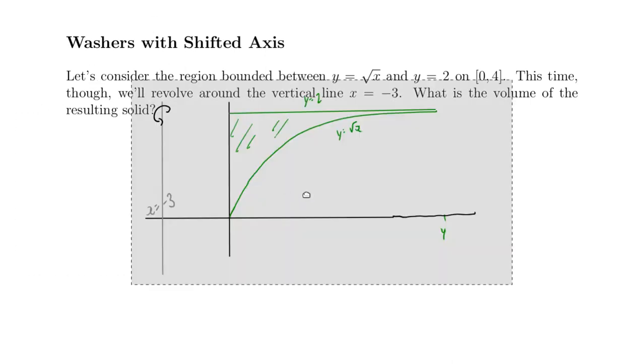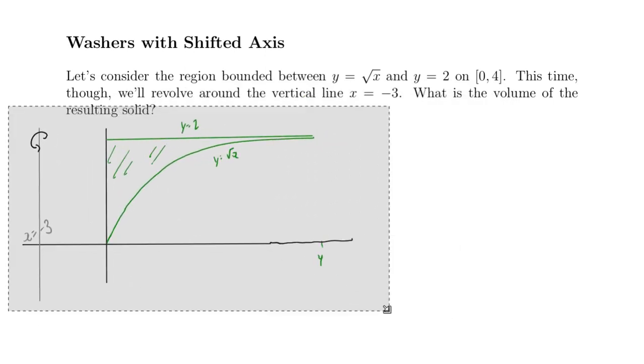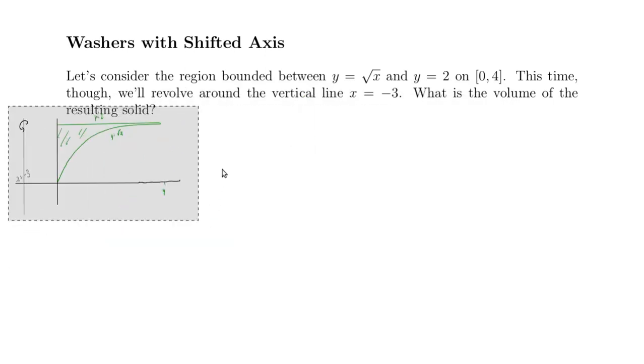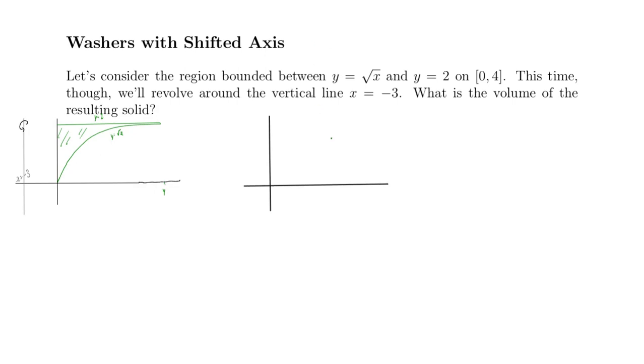All right, here we go. I'm going to take this picture, and I'm going to change it by shifting my function to the right 3 units. So suddenly, my function actually exists up here at 3.